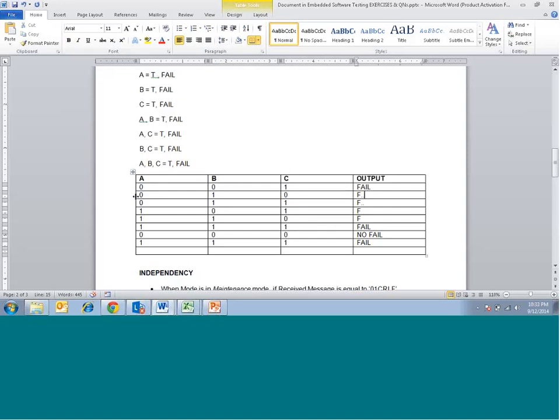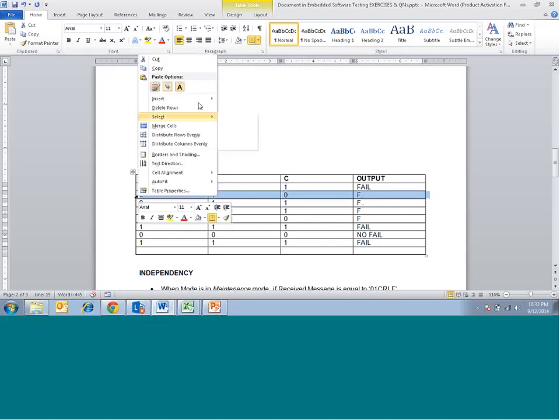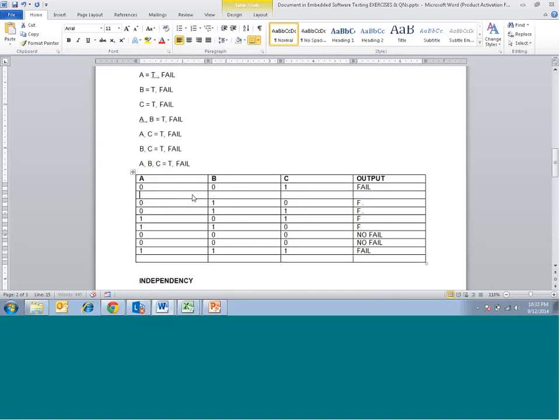So better to have an independency, such as setting it back to 0, so that we are proving the independency with this. Because of this only the failure has occurred and not because of this or the combination of this. So that is how independently we are going to prove.